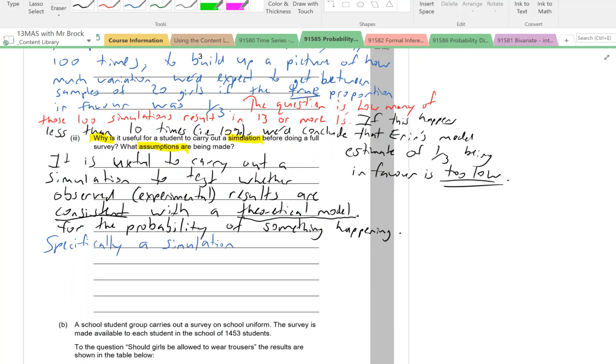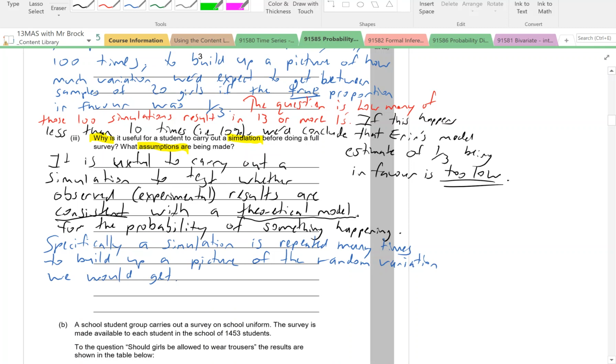Specifically, a simulation is done many times, or repeated many times, to build up a picture of the variation we would get between different samples, and I should say the random variation we would get between different samples if the model was true.